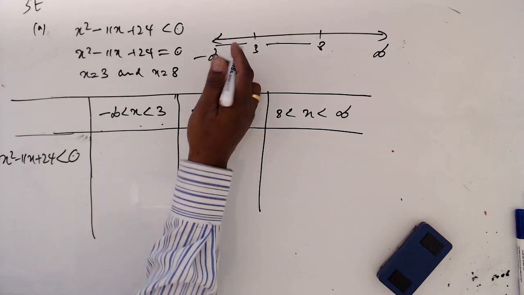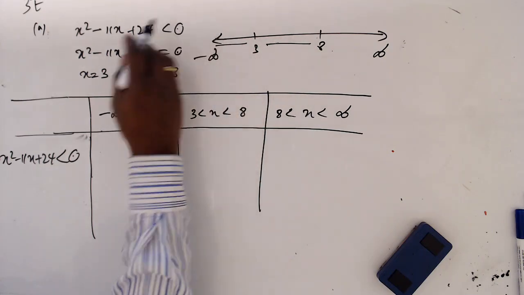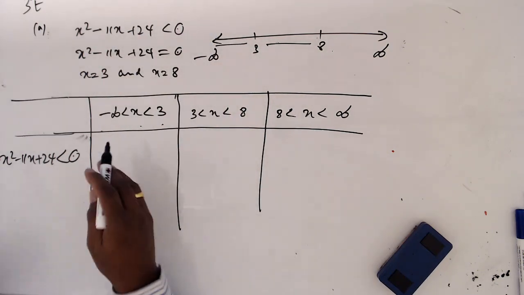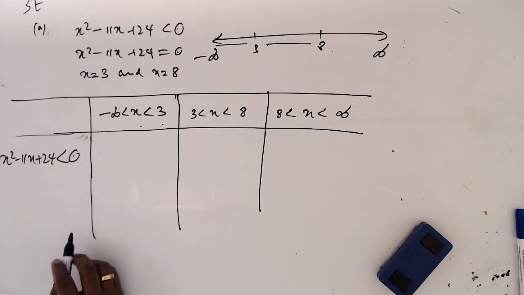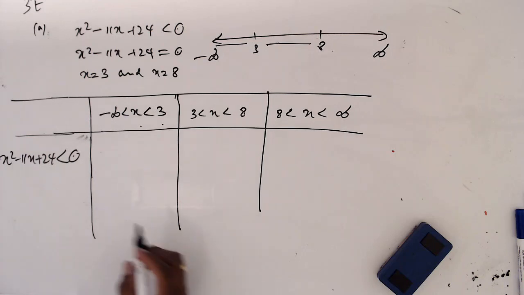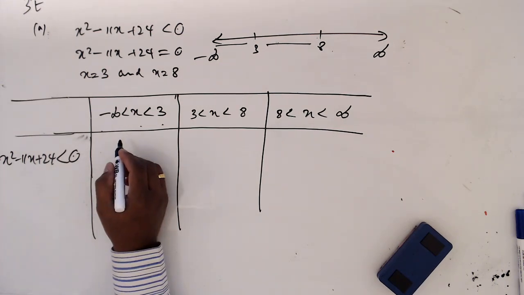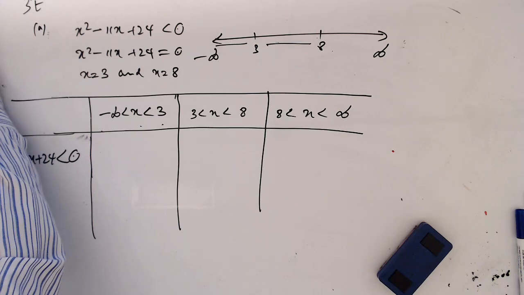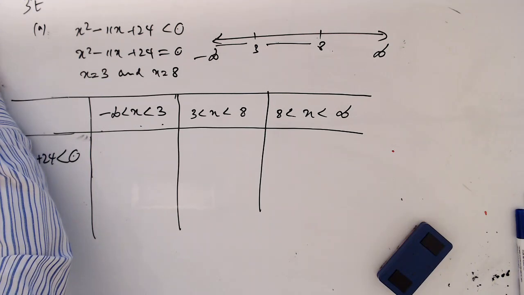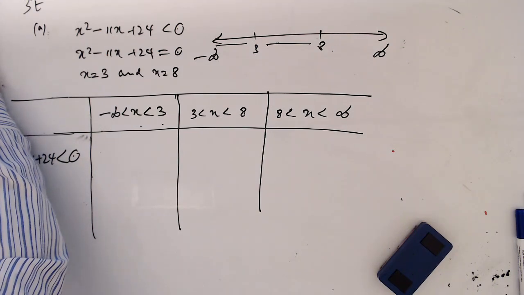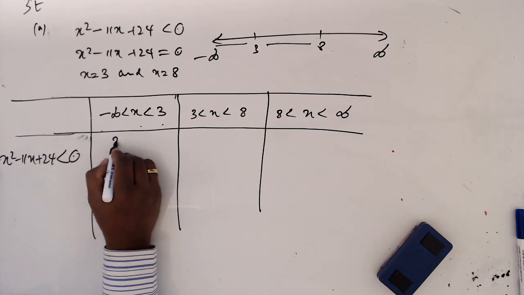I'm going to pick one value from each interval and check whether it matches the inequality. I can pick any number less than 3, so I'll pick x equal 0.